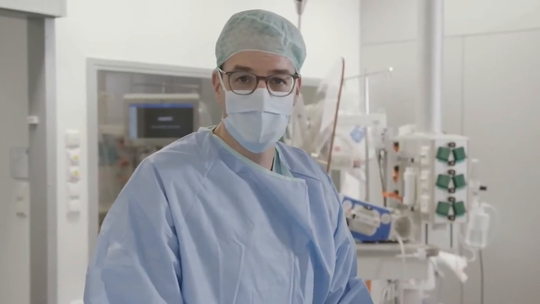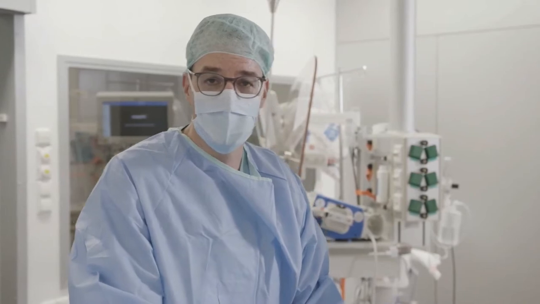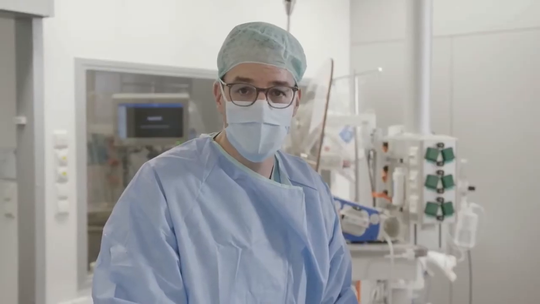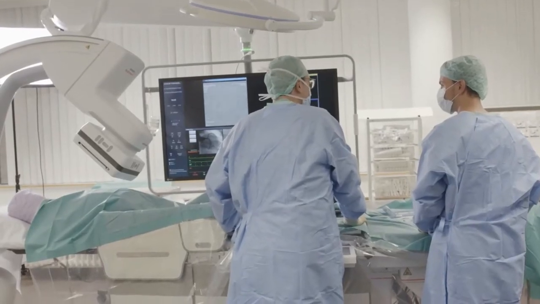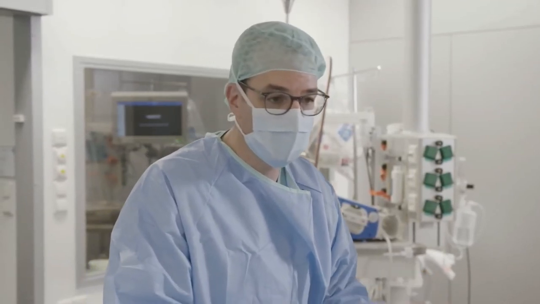This was a very interesting case. Firstly, we have seen that functional assessment is always very important to find the strategy at all. So we could demonstrate that the right is not affected, but the left main. Secondly, intravascular imaging guided us through the procedure. In this case, we have seen that the distal left main, the ostial part of the LAD, as well as the ostial part of the circ, was not affected, only the shaft of the left main, so that we could only concentrate on the left main.